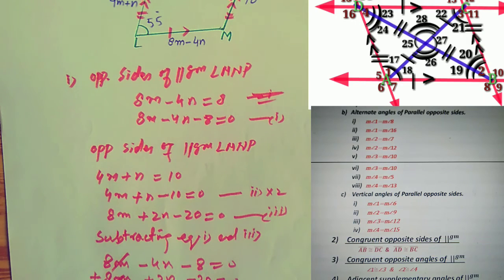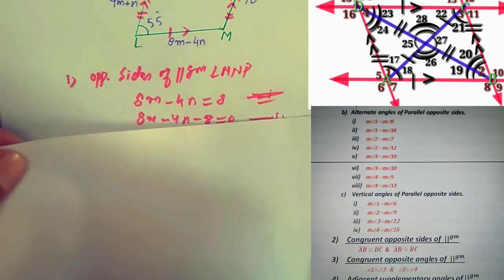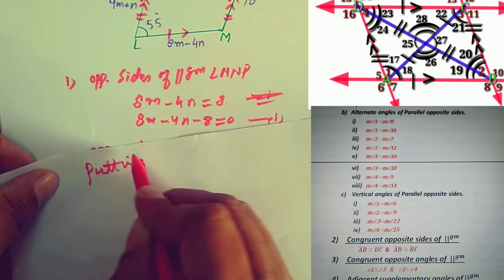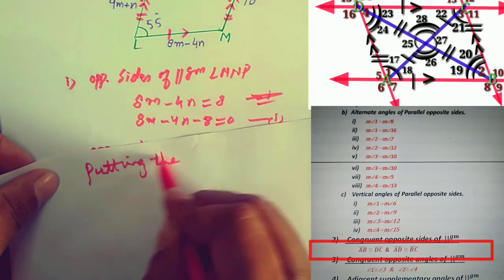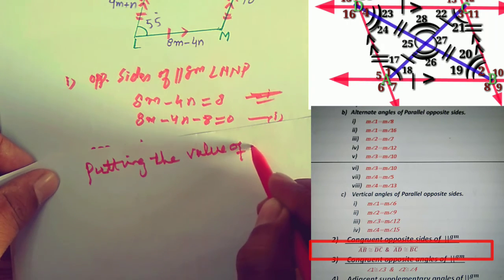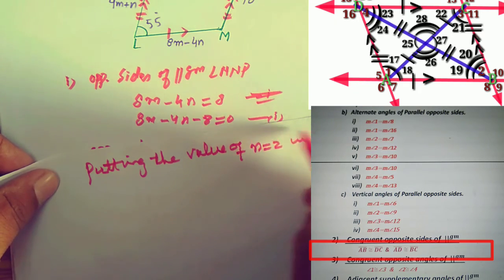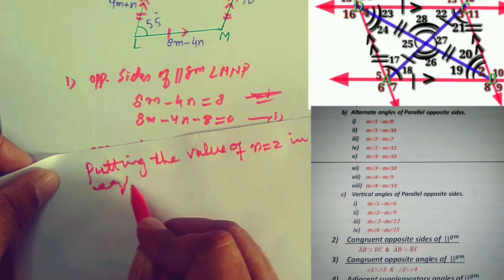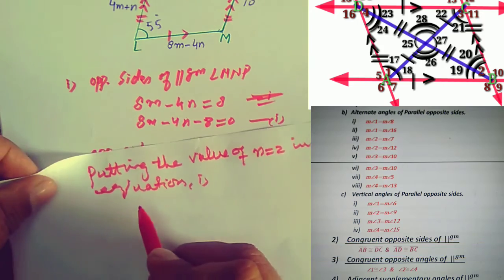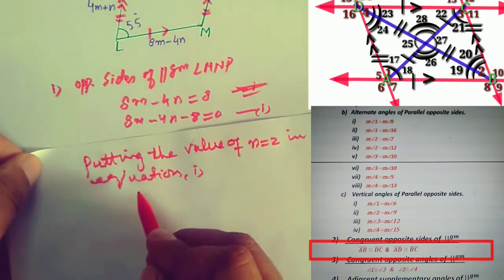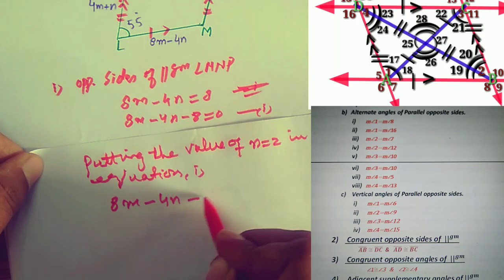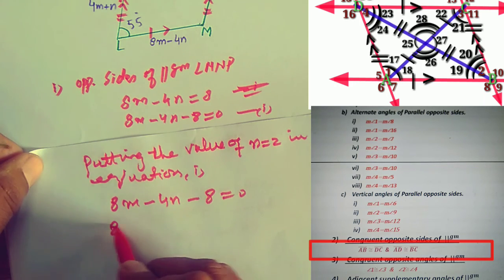Putting the value of n in equation 1, 8m minus 4n minus 8 is equal to 0.